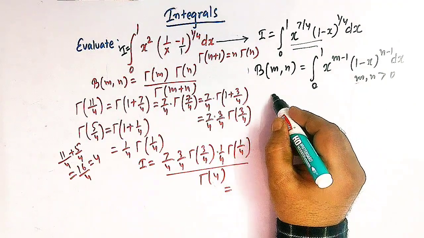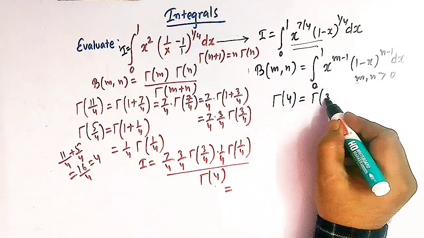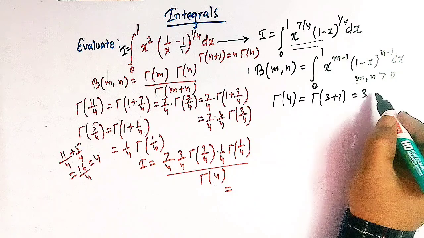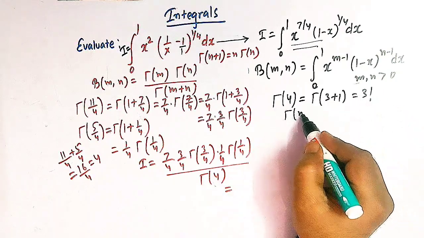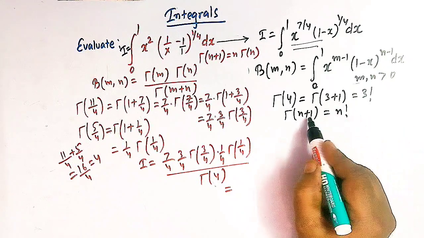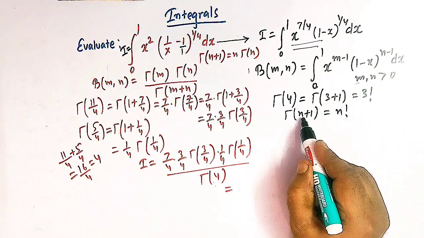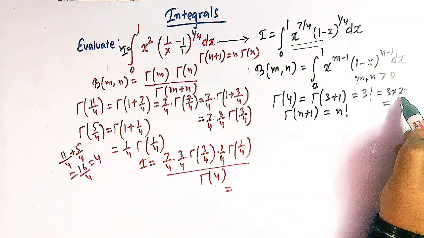So now let us simplify this expression. Gamma of 4 can be written as gamma of 3 plus 1, that is equal to 3 factorial, right? Because we know this relation gamma of n plus 1 is equal to n factorial when n is a positive integer. So 3 factorial is 3 times 2 times 1, that is 6.